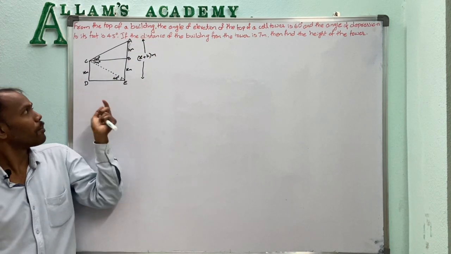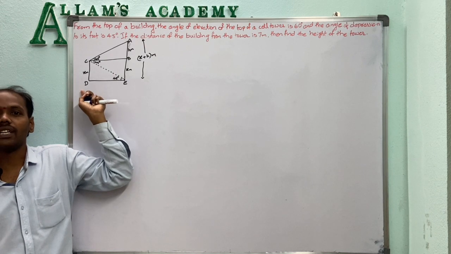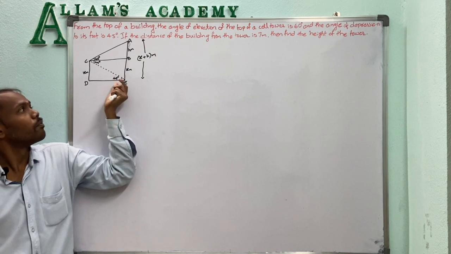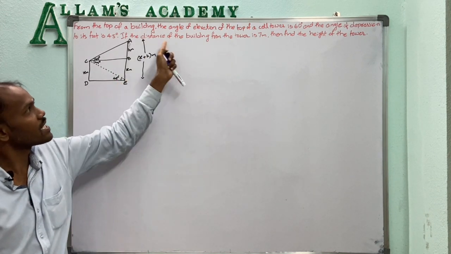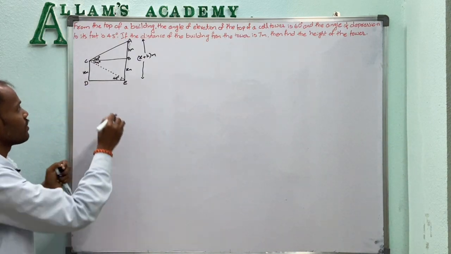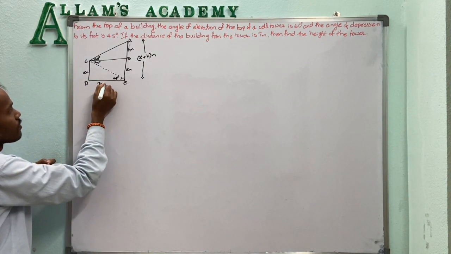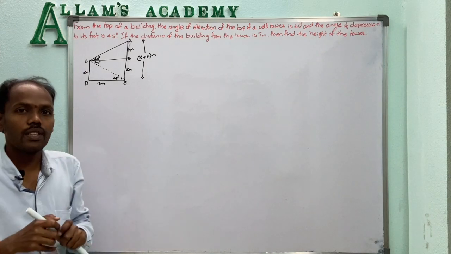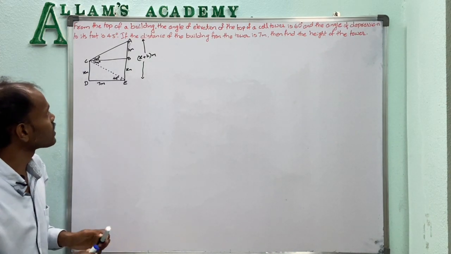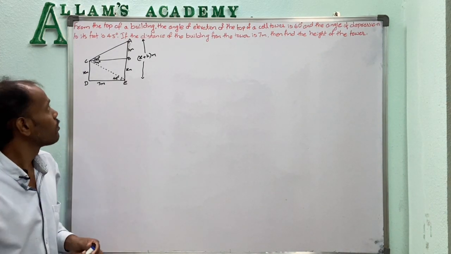And from the base of the building to the base of the tower, the distance is 7 meters, given. So now, by using this information, we solve the problem.